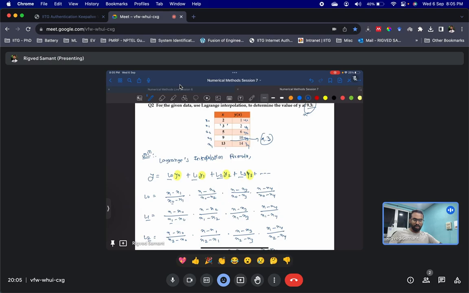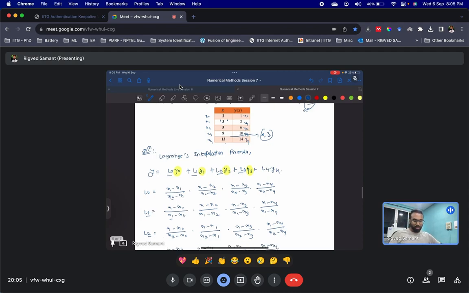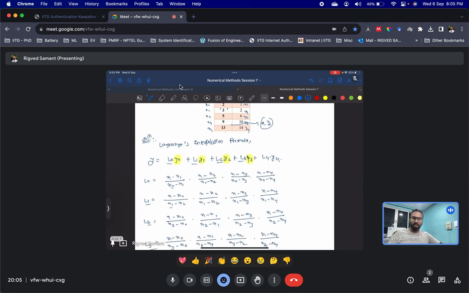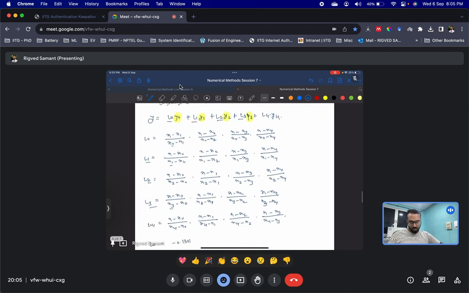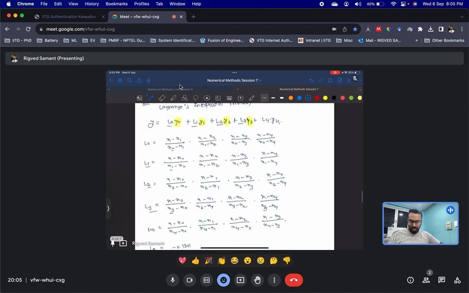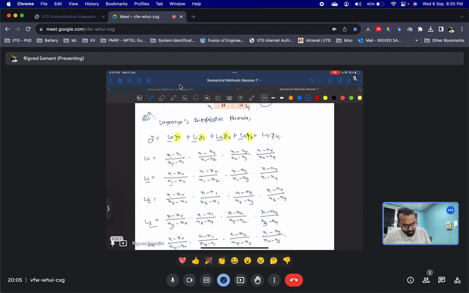Here there are 5 data points, so we will go till L4 into y4. So what are L0, L1, L2, L3, L4? Those values can be calculated using this formula.